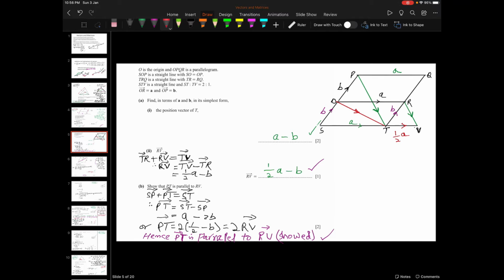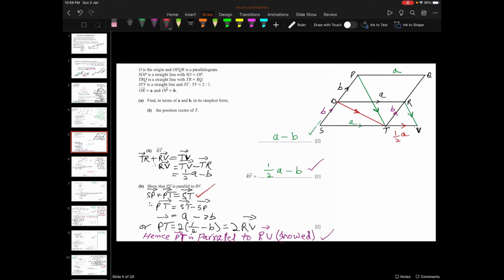Now the next part is show that PT is parallel to RV. Again we use the tail to nose rule. SP plus PT is equal to ST and PT is equal to ST minus SP.